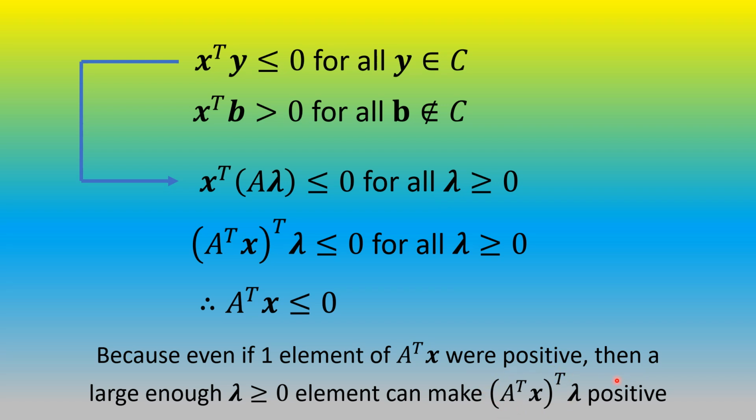But you want it to be less than or equal to 0. So all of its components have to be less than or equal to 0 if you want it to be satisfied for all lambda whose components are greater than or equal to 0. So that's the explanation. Hopefully that makes sense.